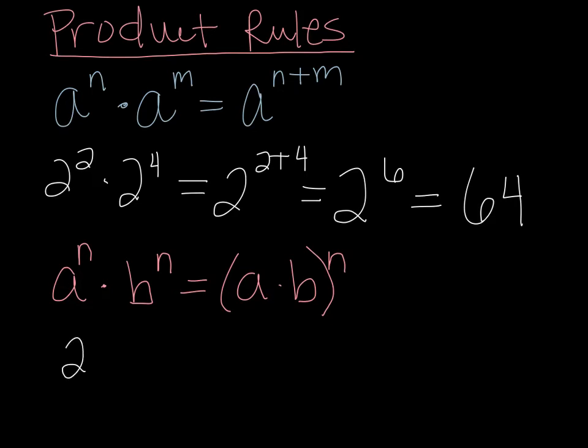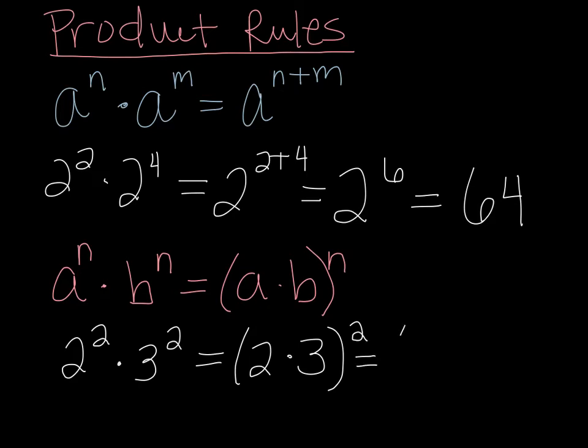We have 2 to the power of 2 times 3 to the power of 2. Here we take the two bases, which is 2 times 3, raise it to the power of 2, gives us a value of 6 to the power of 2, and we know 6 times 6 is 36.